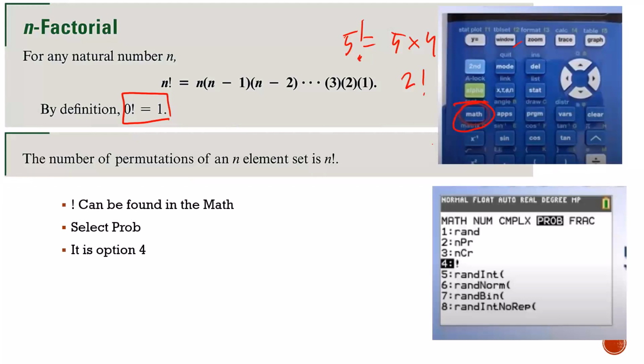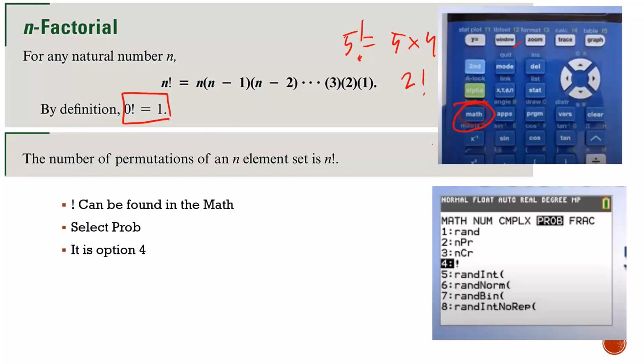So we found out that there were 5 such ways. So let's look at that. I hit the number 5, hit math, scroll over to probability. That's what PRB means. Select option 4. That gets us 120, which is what we found out.